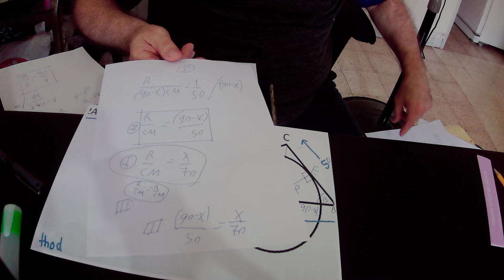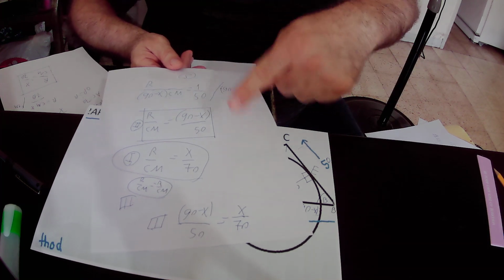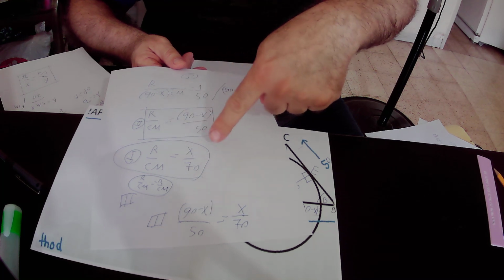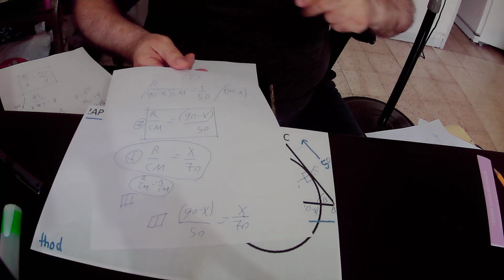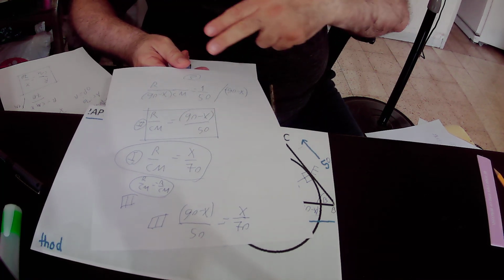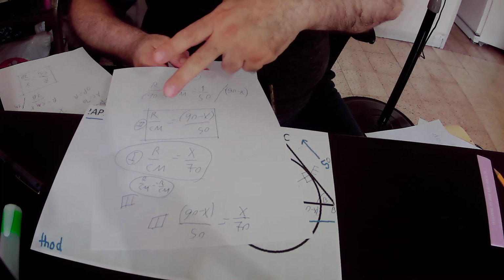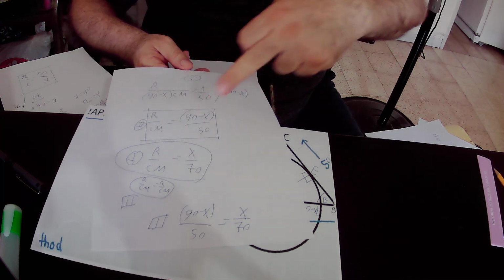But from the equation of sine alpha, we know that R over CM equals X over 70. So we can create the third equation, stating that CM in this equation equals CM in this equation.